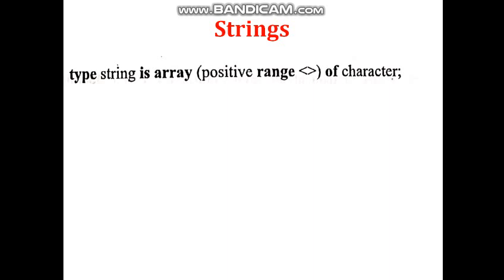The index range for a constrained string may be either in ascending order or descending order with any positive integer for the index bounds, but most applications simply use an ascending range starting from 1.